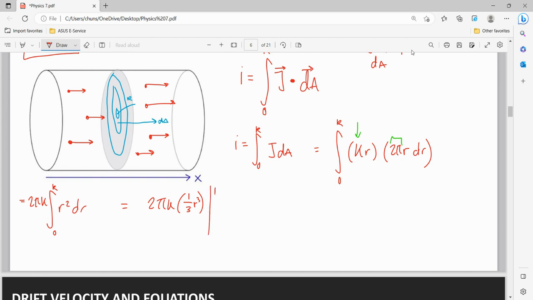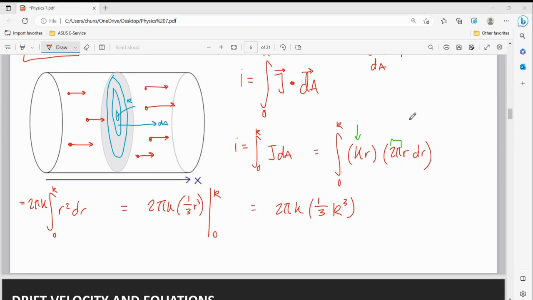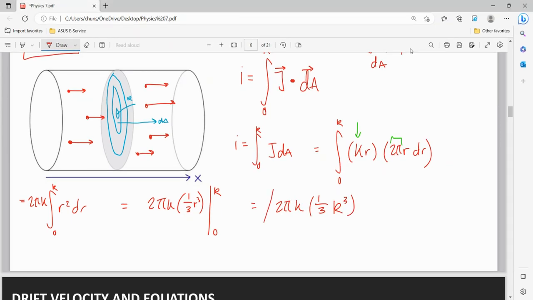And this is from 0 to r, it's going to be 1 over 3, then this is r cubed. Okay, and that is the equation for this question here.